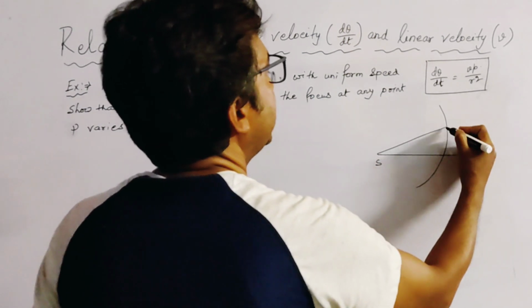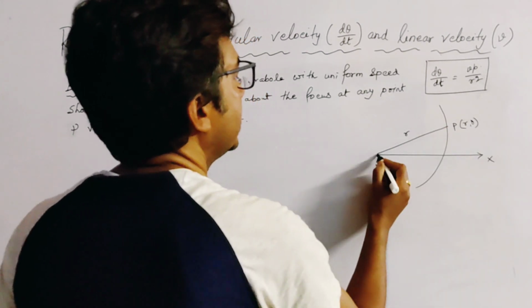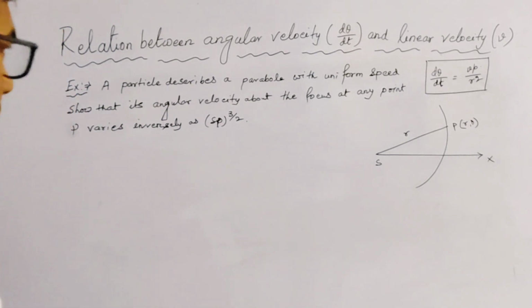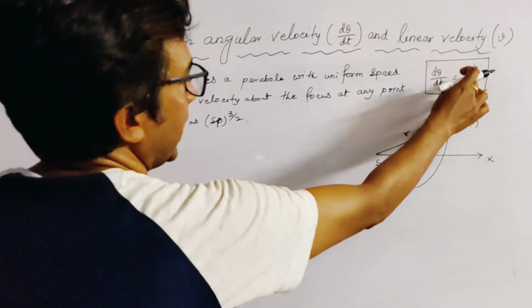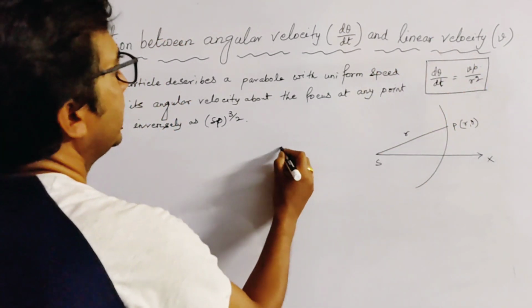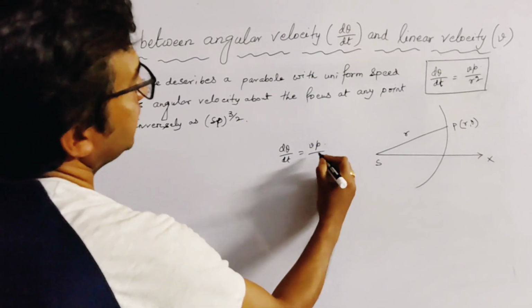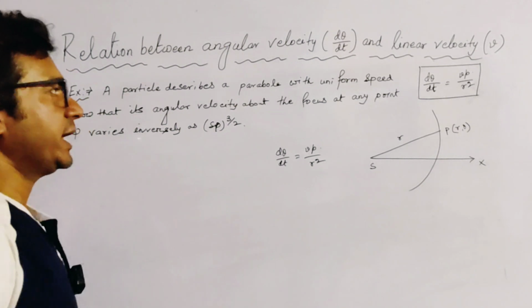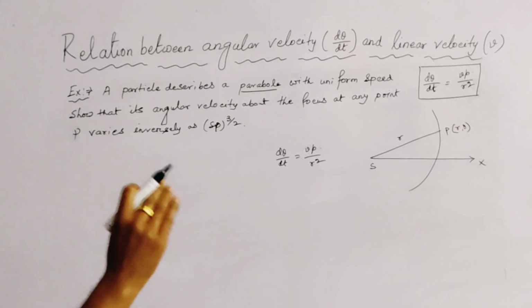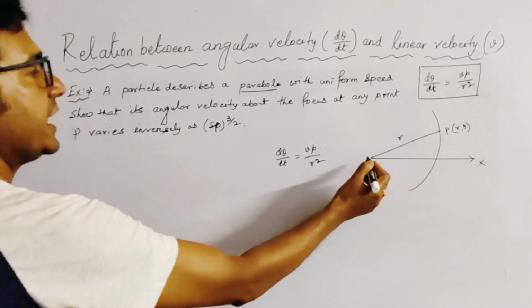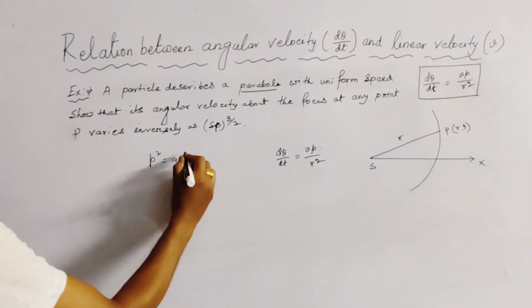At any point P, at any time t, this is (r, θ), this is r, and the relation between the angular velocity and linear velocity is dθ/dt equal to vp by r². We know that the pedal equation of the given parabola with focus S as pole is p² equal to ar.